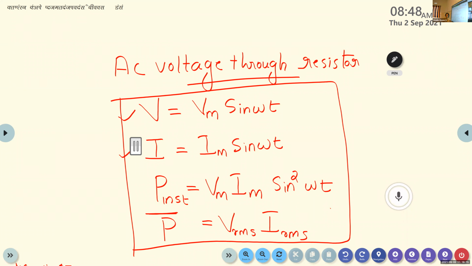As a result of this current flow, the instantaneous power generated in the resistor is given by Vm Im into sine square omega t. And from that equation, we calculate the average value of power, P bar is equal to Vrms into Irms. Is it clear?